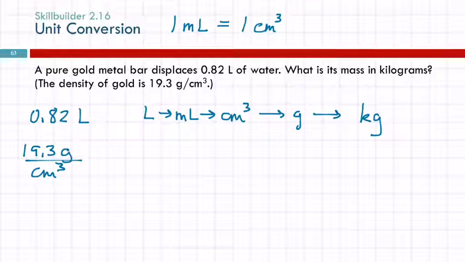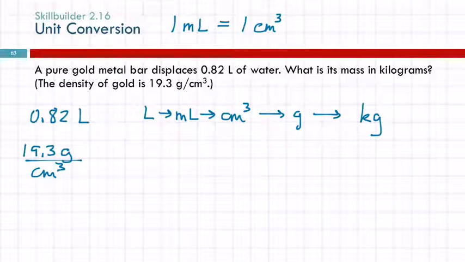Exactly the same. So going from milliliters to cubic centimeters is very easy. Liters to milliliters is just another prefix thing. So this one's a little more involved, right? But once we've got the path, we just follow the pattern and it'll be fine.